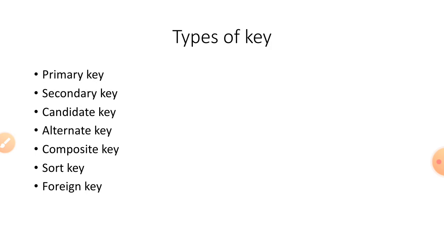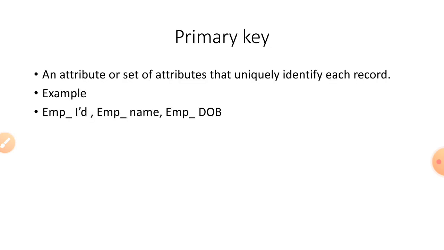So let's start. The first one is the primary key. A primary key is an attribute or set of attributes that uniquely identifies each record in a table. In a relational database, each relation must have a primary key.